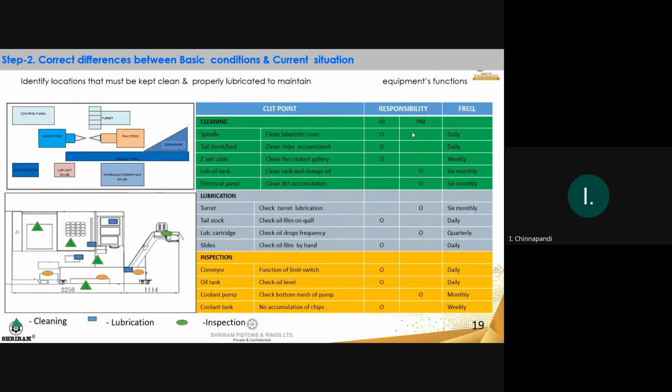This is also the same thing. Once we prepare that, we check who missed checking it, whether the responsibility is the maintenance team or the production team. Then we define the frequency for the checking point. Next.